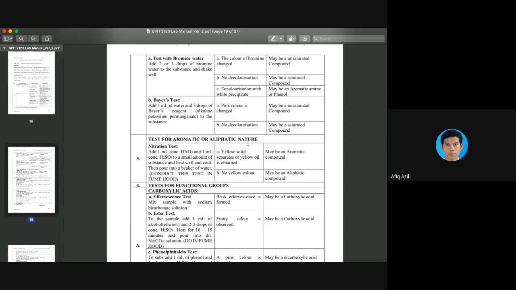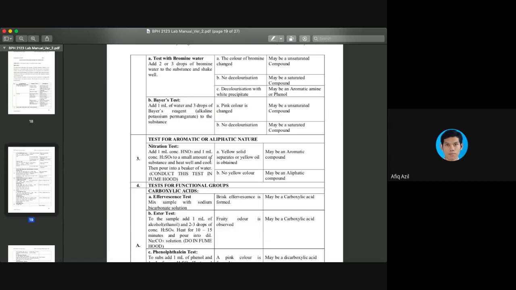But experimentally, you can actually do an analysis, which is this nitration test, to determine whether the compound is aromatic or aliphatic.